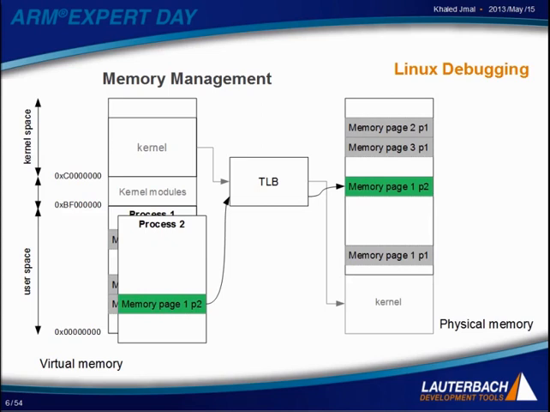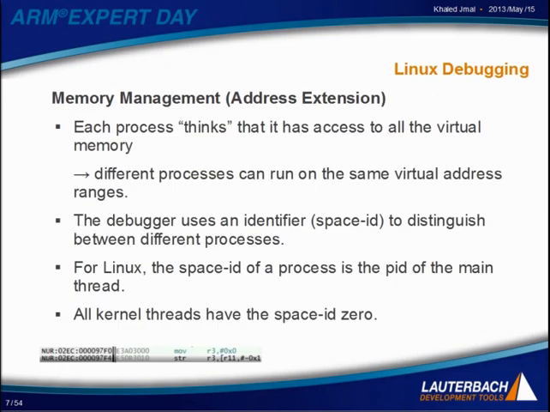So for user space, we have first one problem. Two processes can use the same virtual addresses. So we need to distinguish in the debugger between these different user addresses. For example, if you have the address 8974, you don't know if it belongs to process 1 or process 2. For this, we use in the debugger an additional identifier, what you call space ID.